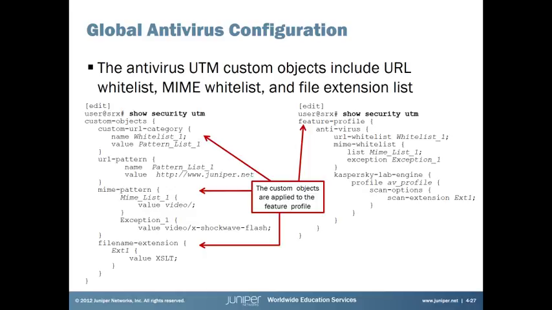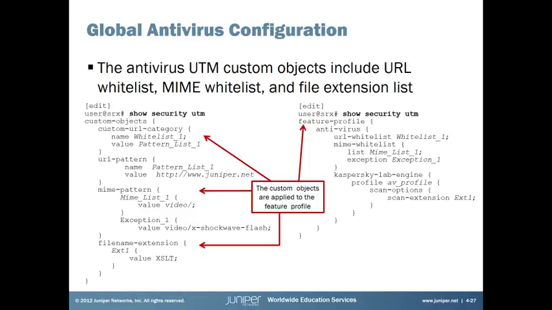You can also say what type of content you are going to allow, and there's an exception there to what you're allowing as well. For file extensions, you have an extension list as to what you're going to be scanning. So we can have these custom objects that we can set up.